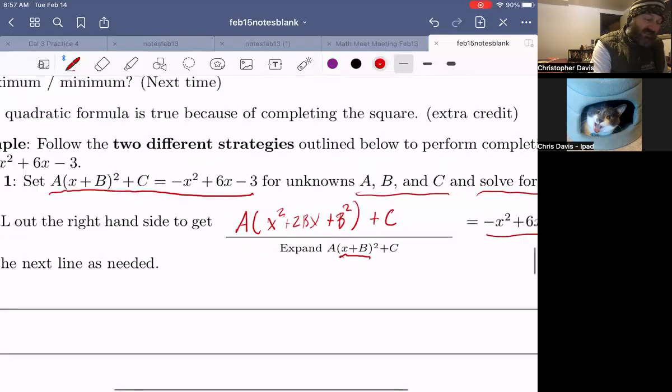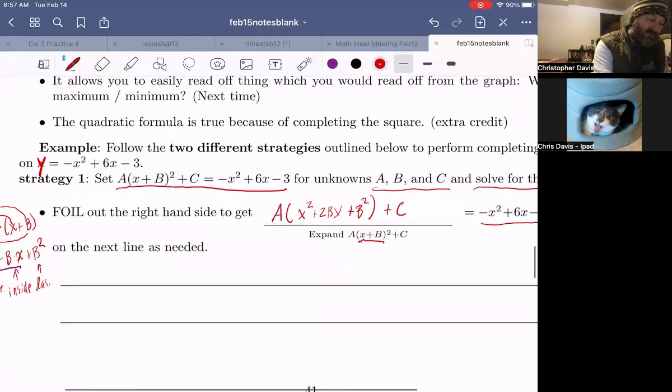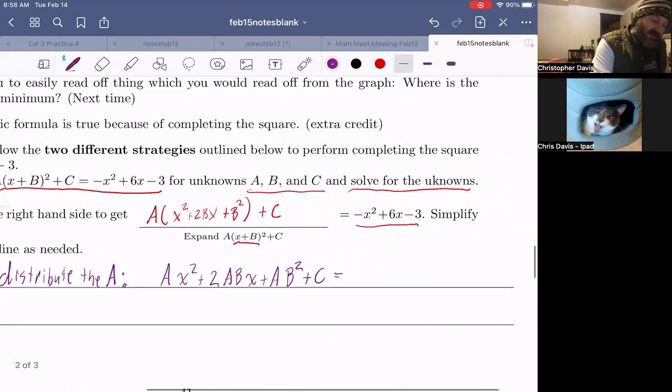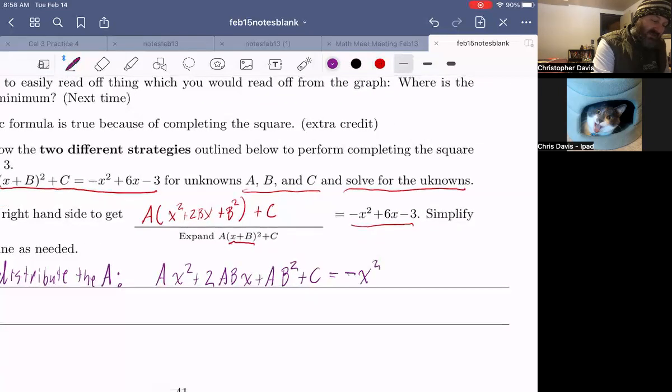So I guess the next thing I see is I can distribute the a. So doing that, ax squared plus 2abx plus ab squared plus c equals negative x squared plus 6x minus 3.